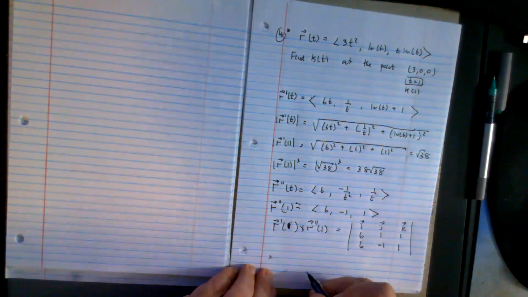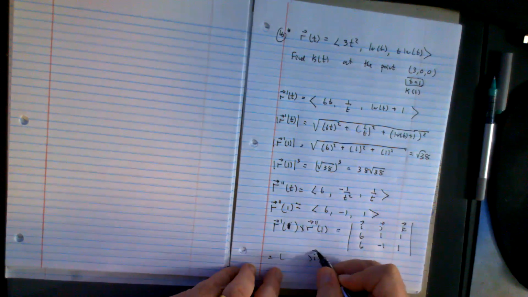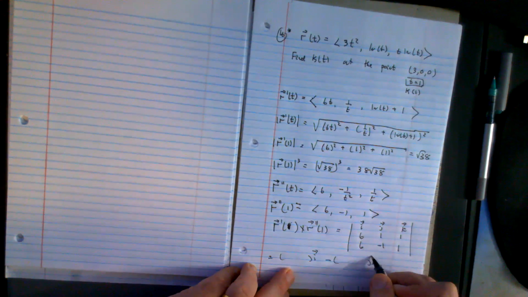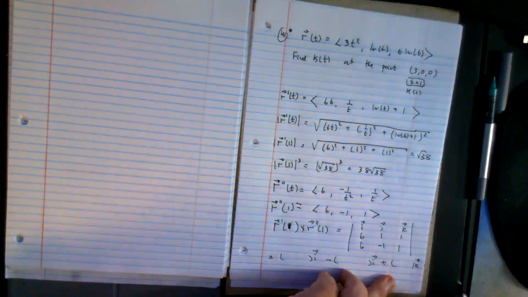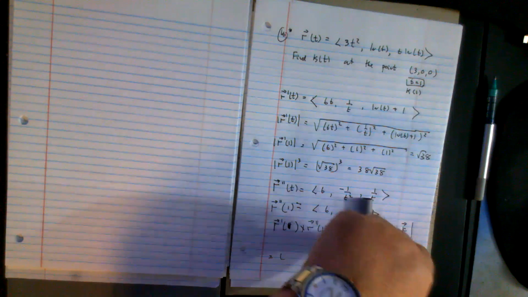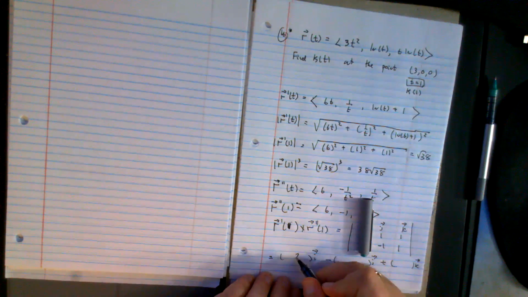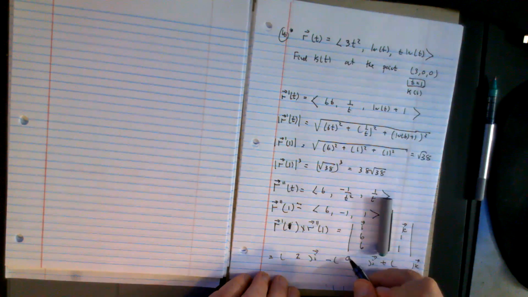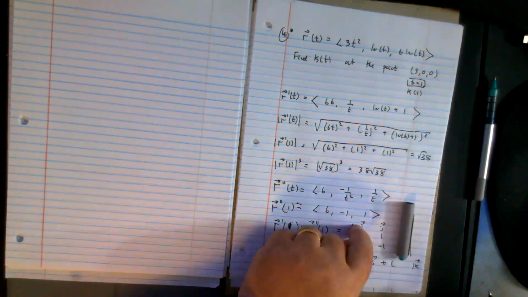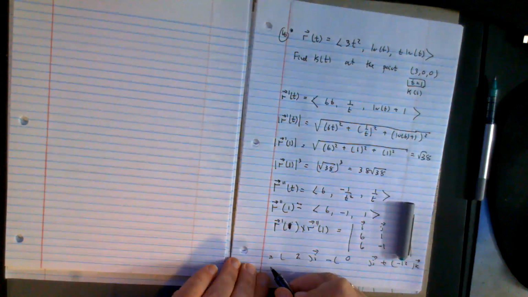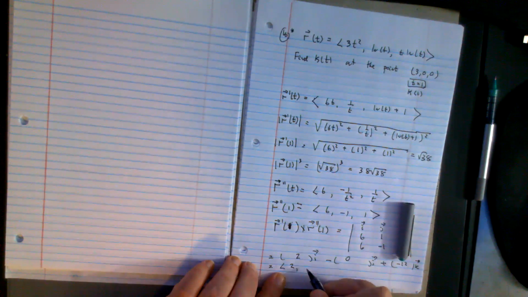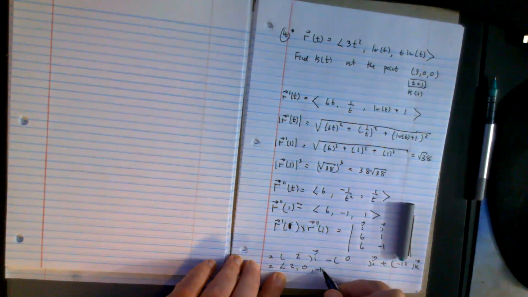So the cross product, so many i's, take away so many j's, plus so many k's. When we cover this guy up, you get 1, take away negative 1, which is 2. You cover this one, you get 6, take away 6, which is 0. And if you cover this one up, you get negative 6, take away 6, which is negative 12. So you end up with 2, 0, negative 12.